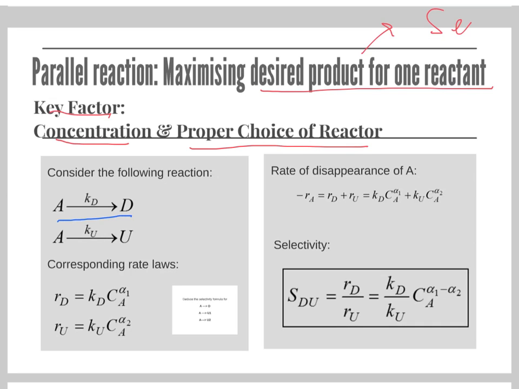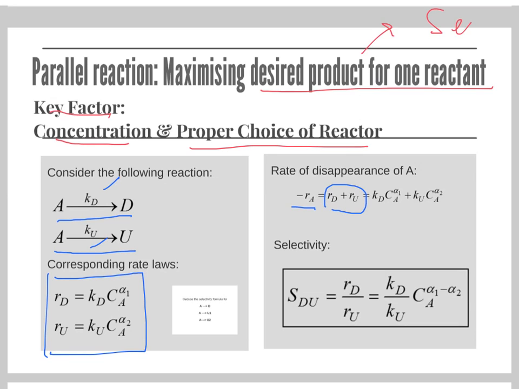A goes to D and A goes to U, and you have two rate constants, KD and KU. If you write the rate law, we will have the rate of reaction of the desired product equals KD CA^alpha1, and RU equals KU CA^alpha2. The rate of disappearance of A is the sum of the rates of reaction of the desired as well as undesired.